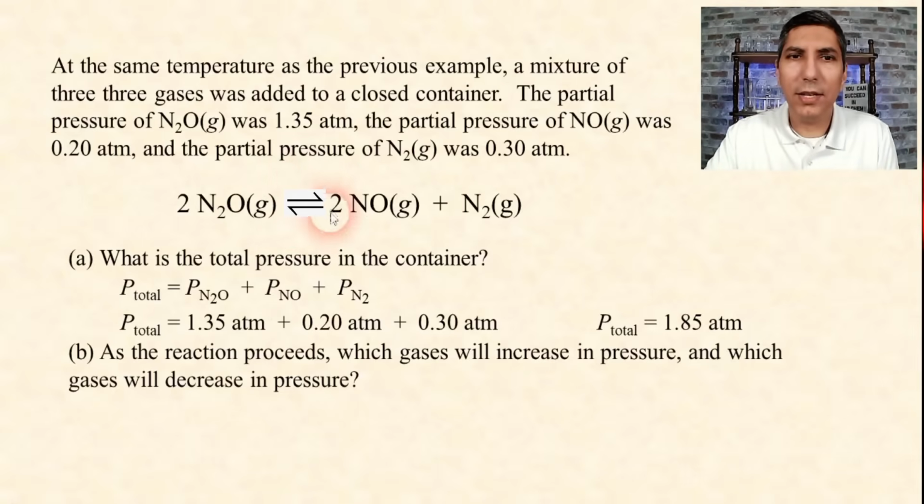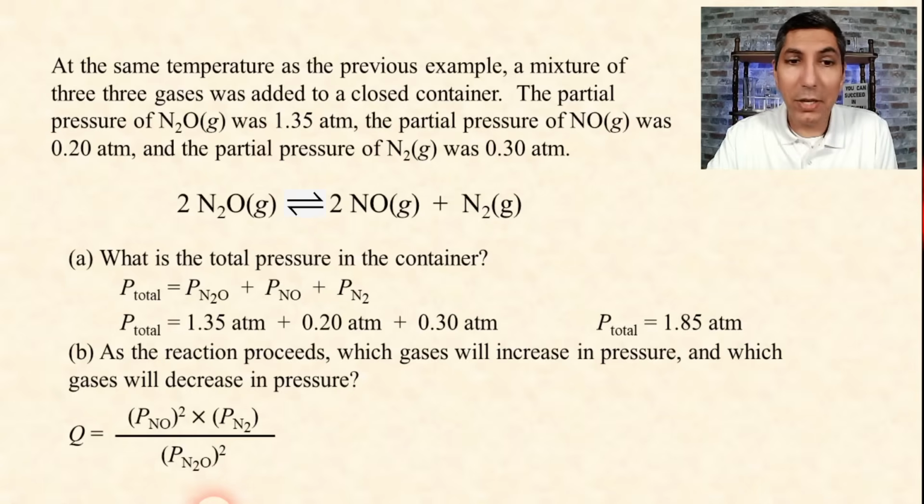And so we have to plug this into the reaction quotient expression. It's written exactly the same as the K expression. We just can't call it K because we don't know if it's at equilibrium or not. So we call it Q. So we have the same expression I wrote before, except I'm calling it Q. And I'm going to plug those same pressures into the expression.